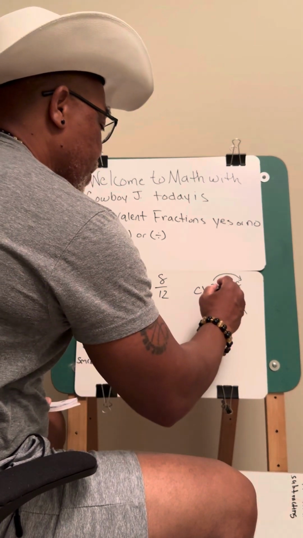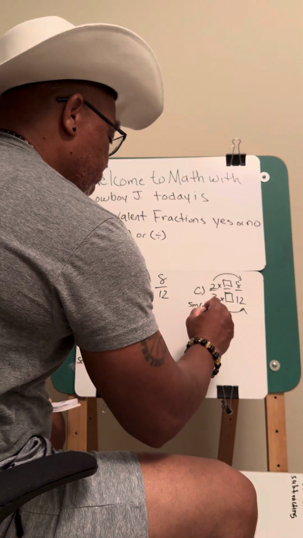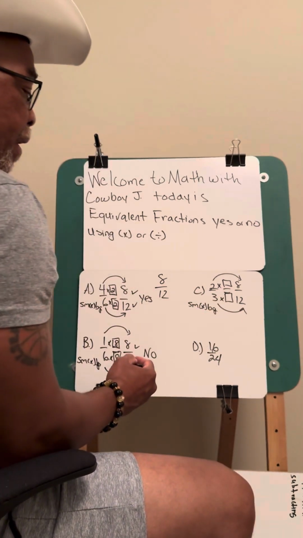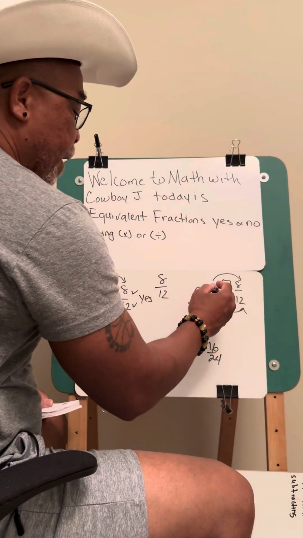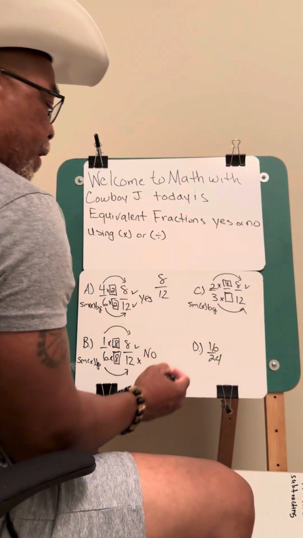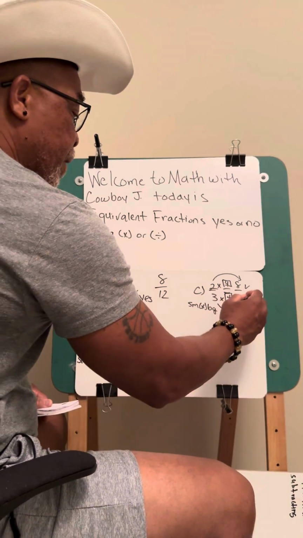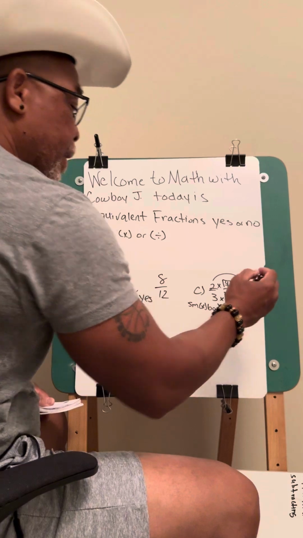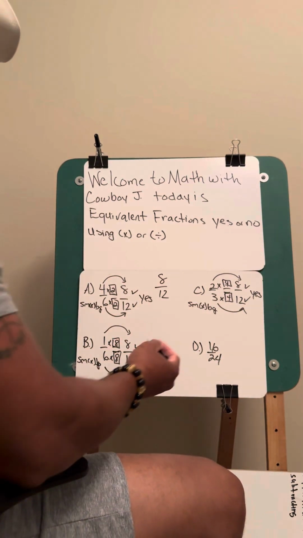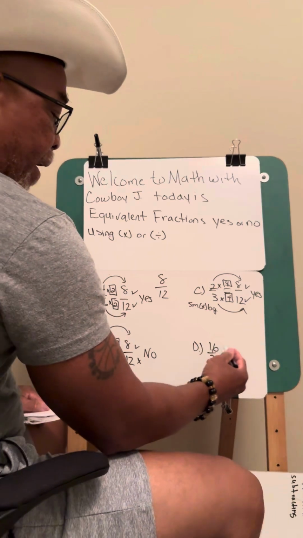So again, I'm gonna go small to big. 2 times 4 is 8. Check. Same number in both boxes. 3 times 4 is 12. Check. So hey, that's a yes. So 2/3 is equivalent to 8/12 right here.